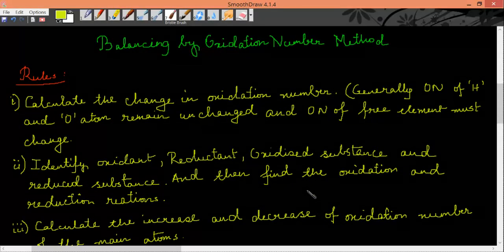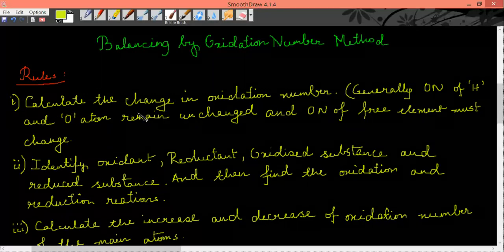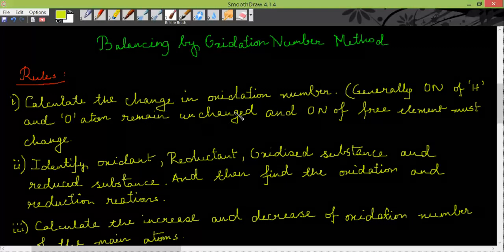Now come to the rules of balancing by the oxidation number method. At first, we have to calculate the change in the oxidation number of the main atoms. The main atoms include the oxidant, reductant, oxidized substance and reduced substance.